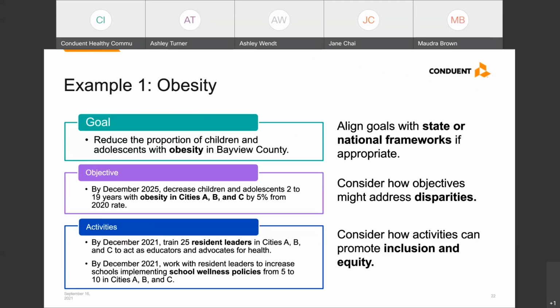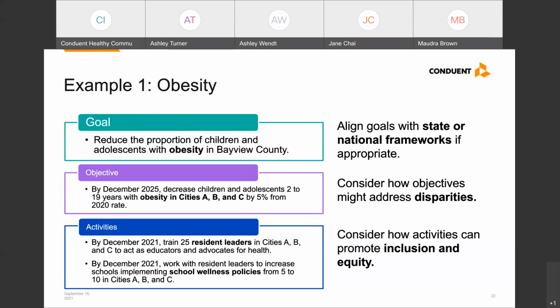Please note that if you do this, it is so important to work with community members and partners to make sure that this is framed in a way that is appropriate and respectful. Also, especially if you're addressing a health inequity or disparity, consider how you will ensure that solutions are inclusive of the community who are impacted.